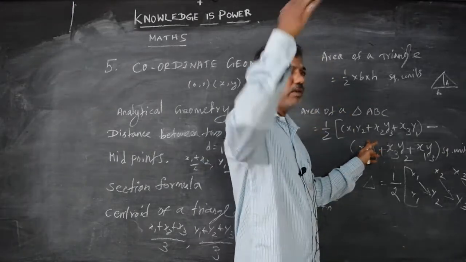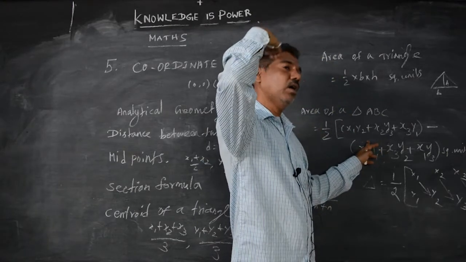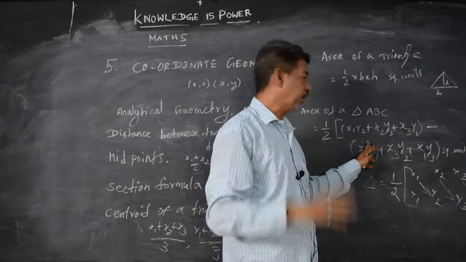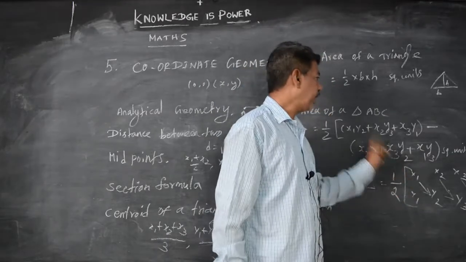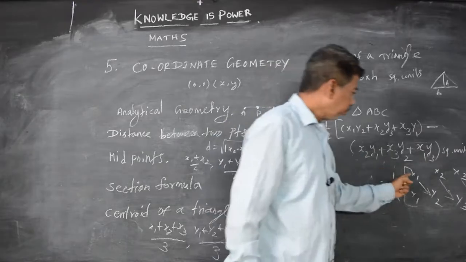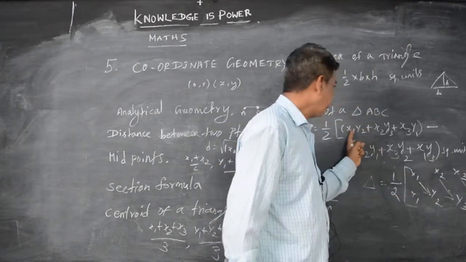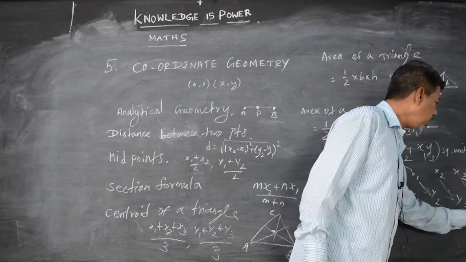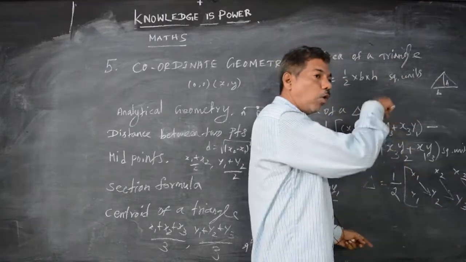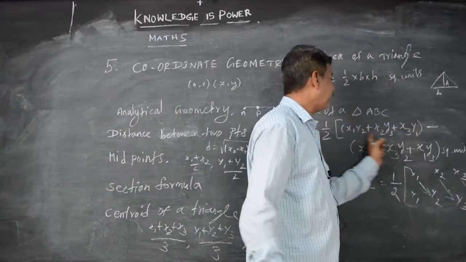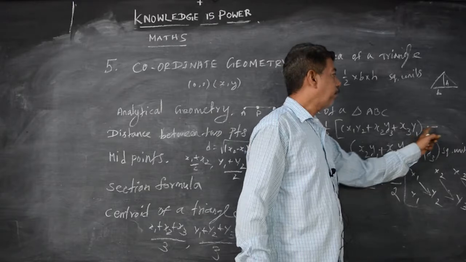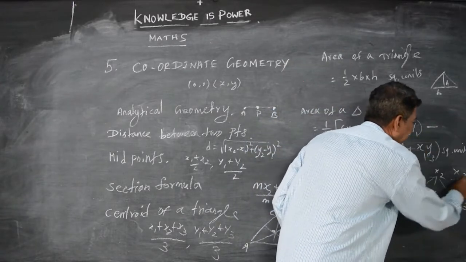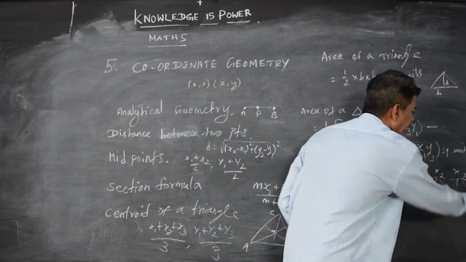If it is not possible to recall this formula, no need to memorize it. If you write like this, we can easily arrange it. Say x1 y2, x2 y3, x3 y1. So the downward arrow positions should be written here, minus, and now the upward positions should be written in the second part.